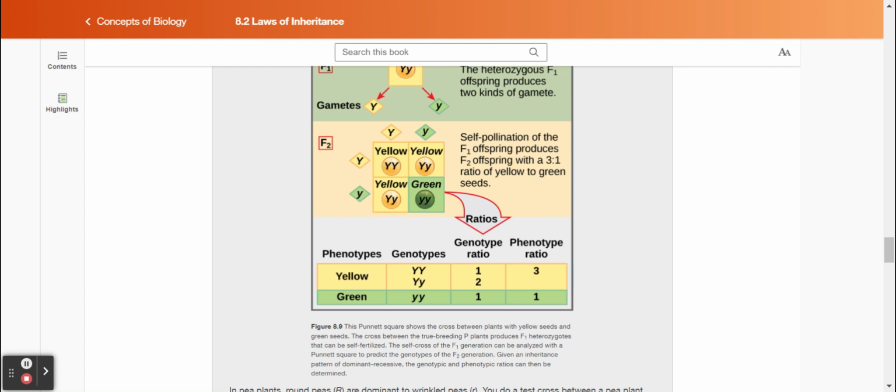This Punnett square shows the cross between plants with yellow seeds and green seeds. The cross between the true breeding pea plants produces F1 heterozygotes that can be self-fertilized. The self-cross of the F1 generation can be analyzed with a Punnett square to predict the genotypes of the F2 generation. Given an inheritance pattern of dominant recessive, the genotypic and phenotypic ratios can then be determined.